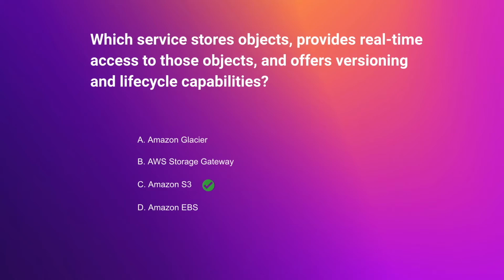And then lifecycle capabilities, again, is when you have, let's say, data stored in S3 and you create a lifecycle method, and that method will take the data after it's been stored maybe 7 days, and it's going to store it in a different type of storage.